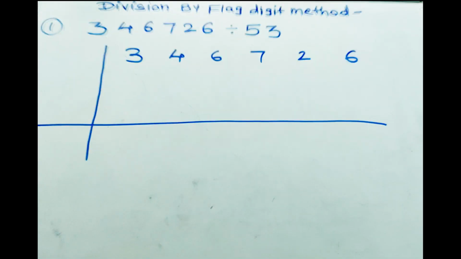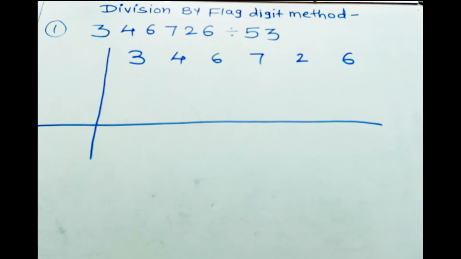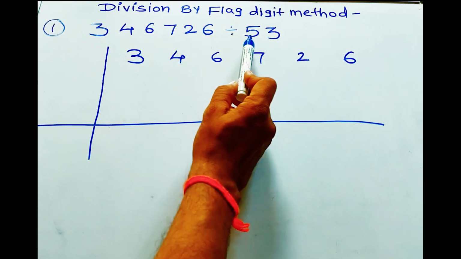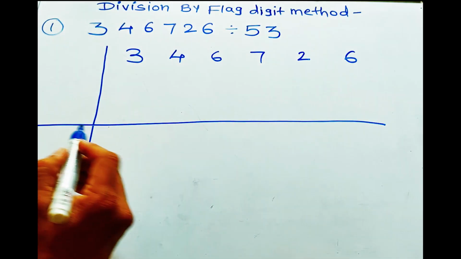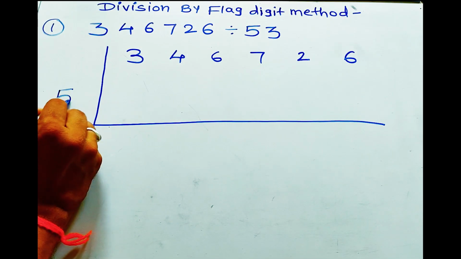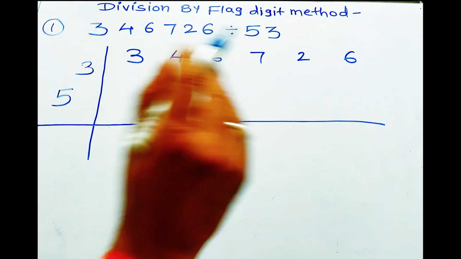According to this method, we do not need to learn the table up to 53. In the traditional division method, it is necessary to learn the table of 53. In this Vedic math method, there is no need to learn the table of 53. So we write 53 in such a manner: 5 and 3.